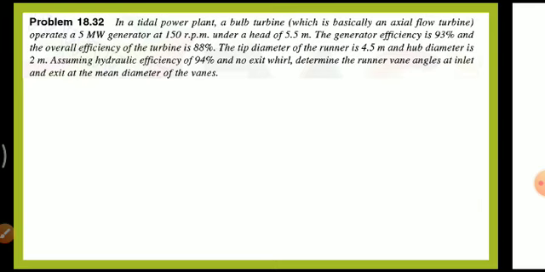The other difference is that the generator power output is given as 5 megawatt. It is not equal to the shaft power. Shaft power is converted into generator power by using the efficiency, that is called the generator efficiency.